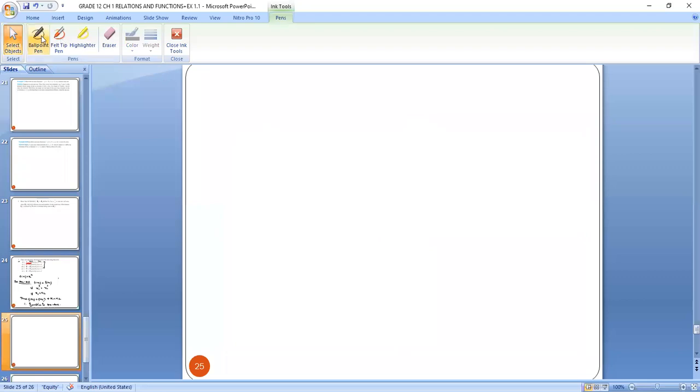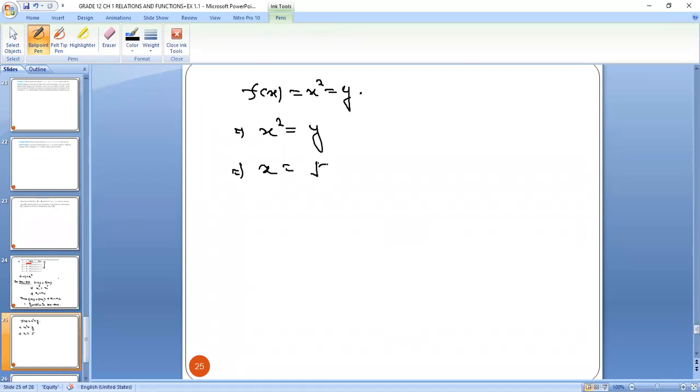We will be following the same steps. f of x is equals to x square is equals to y, right? Which implies x square is equals to y, which implies x is equals to root y. I'm not taking negative values again. Plus minus I'm not taking, I'm taking only root y because my mapping is from set n to n.